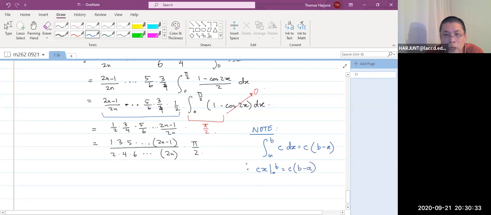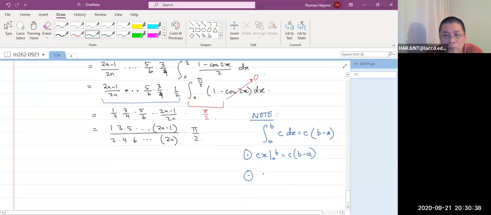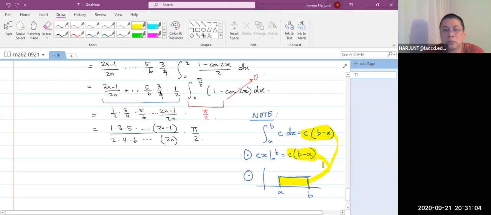Another way to look at that is, if you have a constant function from a to b, what is the area under that constant function? The area here is the same as that. Right? Does it make sense for you for this part?